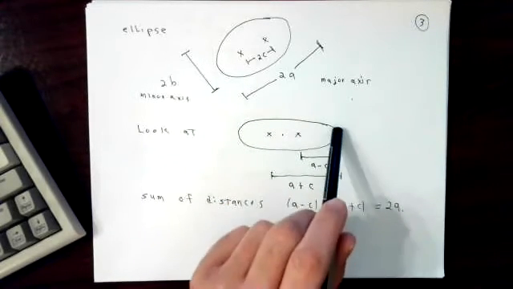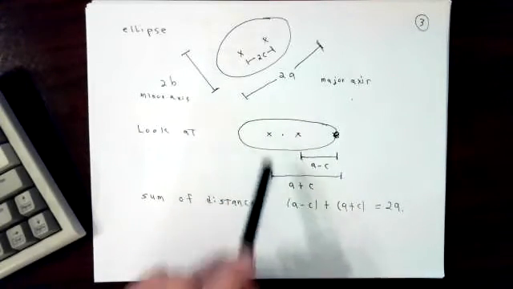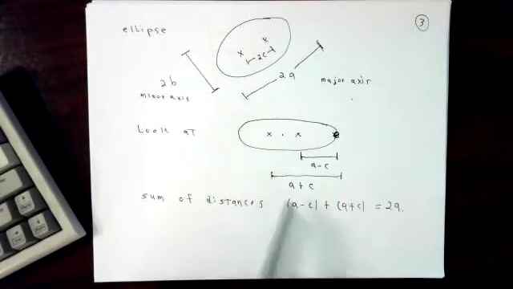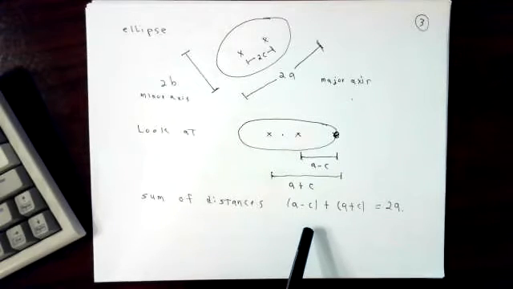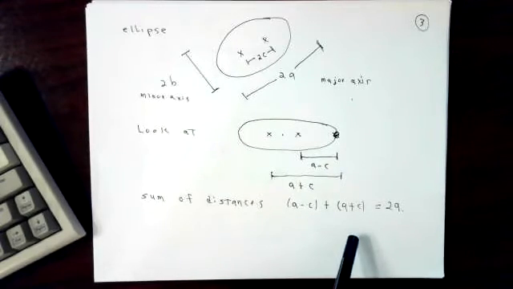The distance from this particular point to the other focus is A plus C. The sum of the distances is A minus C plus A plus C, which is 2A.